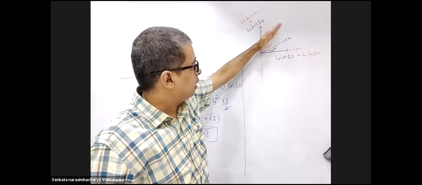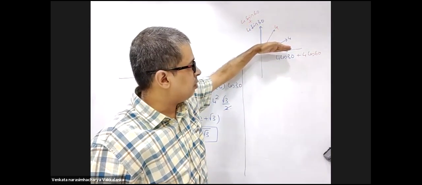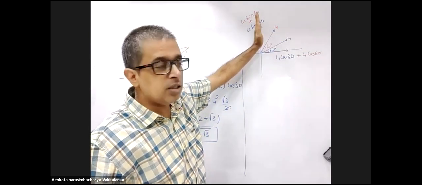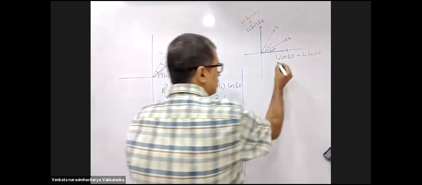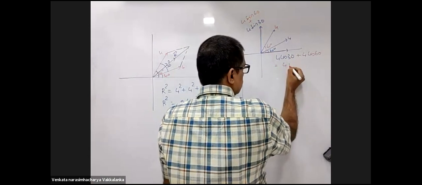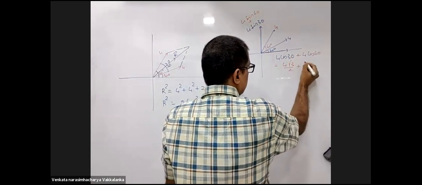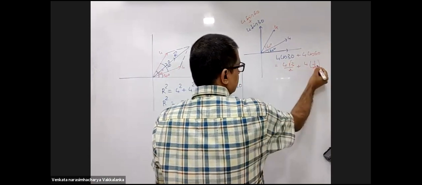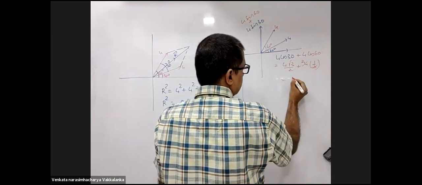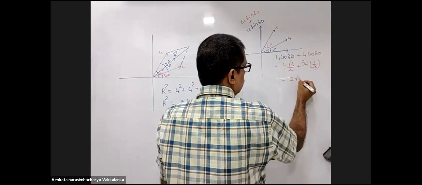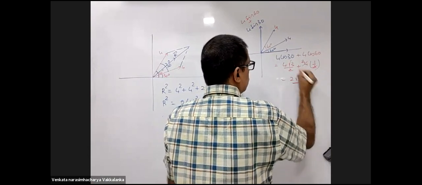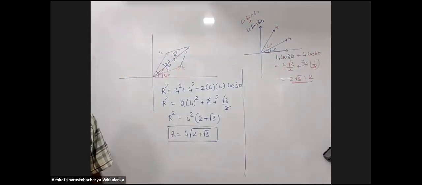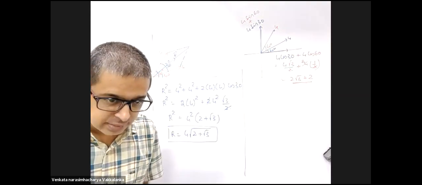How much is this? Cos 30 is root 3 by 2, cos 60 is half. 2 root 3 plus 2 is the x component, if my simplification is correct.